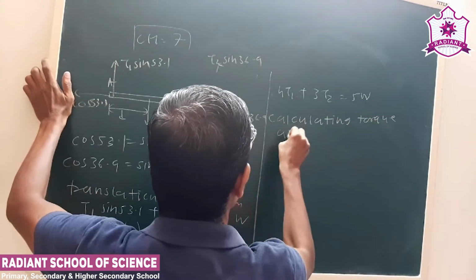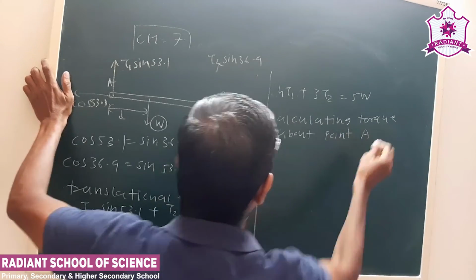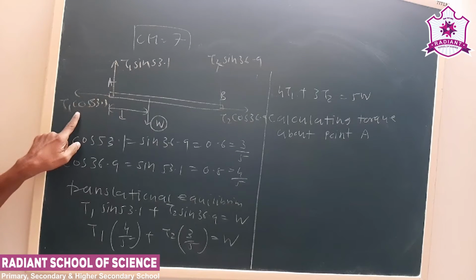Okay, now we calculate torque about point A. Now see, T1 sin 53.1 and T1 cos 53.1 pass through A, so the torque will be 0.